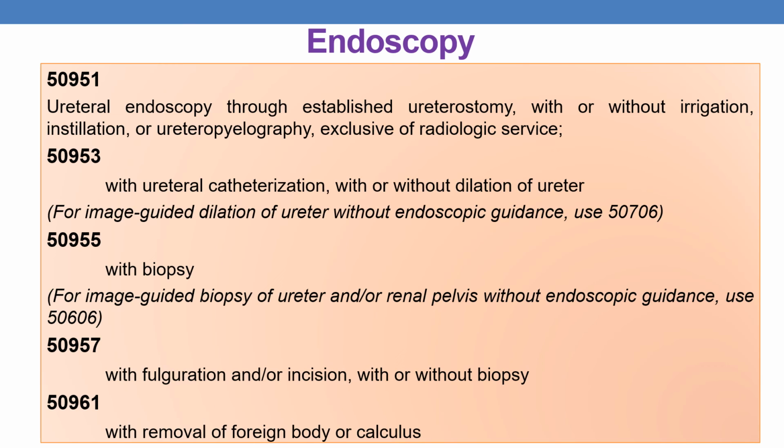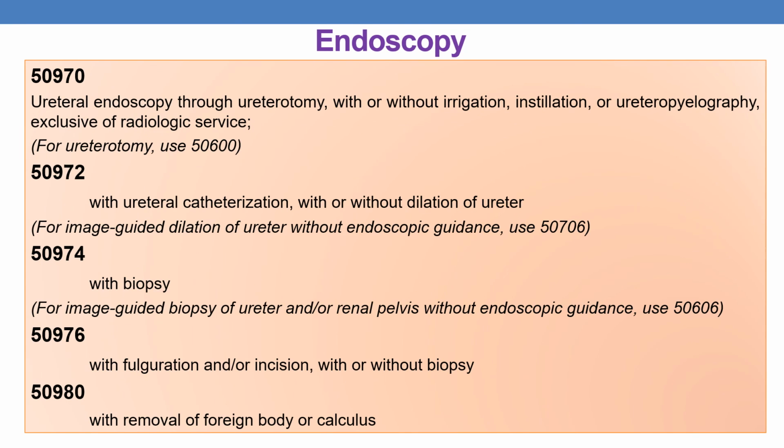And finally 50961. Ureteral endoscopy through established ureterostomy with removal of foreign body or calculus. Whenever we discuss endoscopy, it will be established ureterostomy or new ureterostomy. These are the CPTs for established ureterostomy.